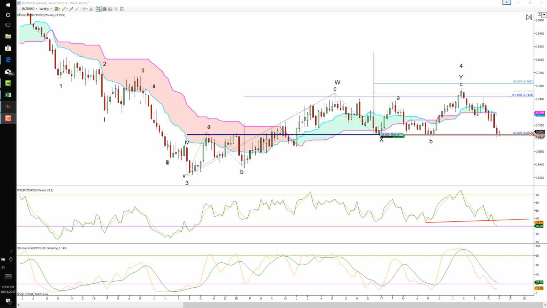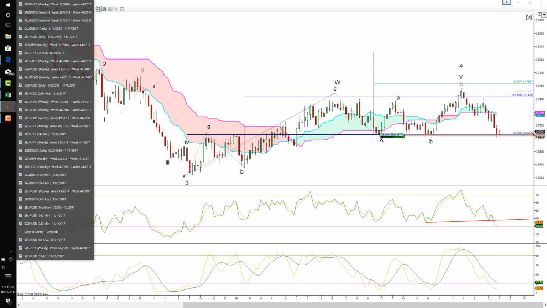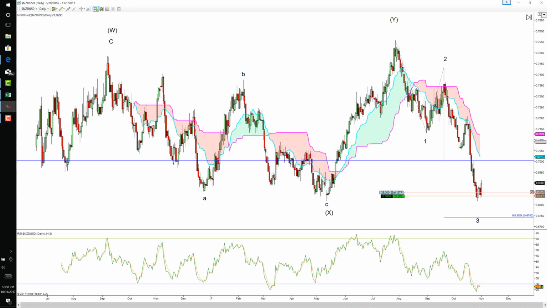So when I go to a smaller time frame, from the weekly to the daily, just to give a little bit better analysis of where we're at, as you can see, the W, the X, and the Y for wave 2.